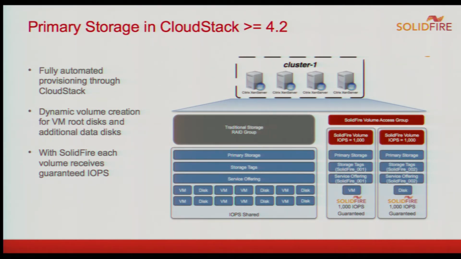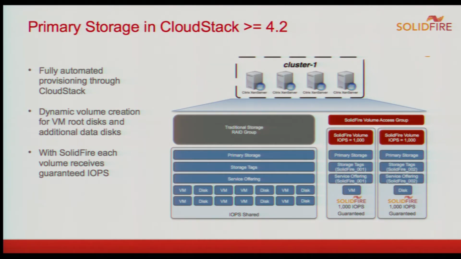The back-end volume doesn't actually exist until you spin up the VM. And then through the plug-in mechanism, we go off to the back-end, we create that back-end LUN with the appropriate capacity and IOPS, and then we give it back to CloudStack, which gives it to XenServer. XenServer now knows how to create a storage repository automatically for you on that new LUN, and then CloudStack will put the root disk, or if this is a data disk, on that storage repository.